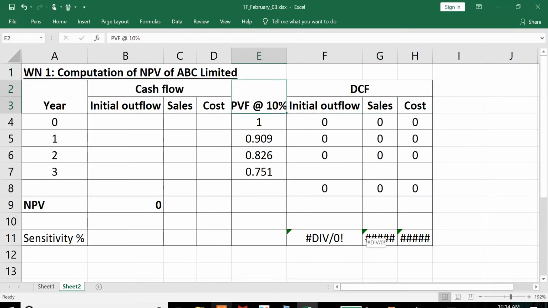You split into 3 sub columns, create the format and keep it ready.